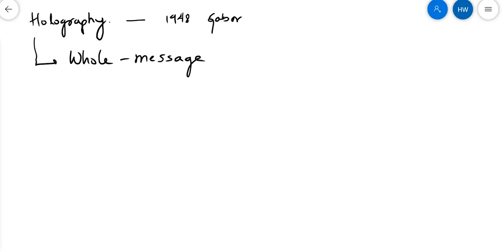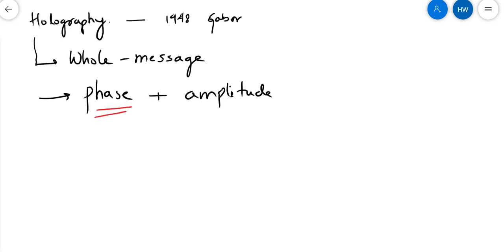So one has to not only capture the phase of the field, but also the amplitude information. Of course, in a typical photograph, the amplitude or intensity, which is amplitude squared, is easily captured. But what one wants to capture is this phase as well as amplitude together.